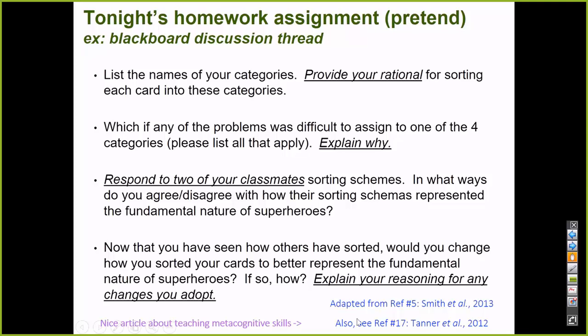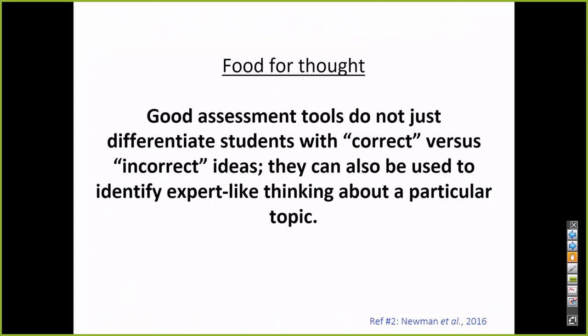So there's some papers I've included, this one in particular, reference 17, is a really nice paper just talking about metacognitive skills. But the point is that card sorting is doing a lot of different things at once. There's utility in a lot of different ways. So the idea here is, what makes a good assessment tool?